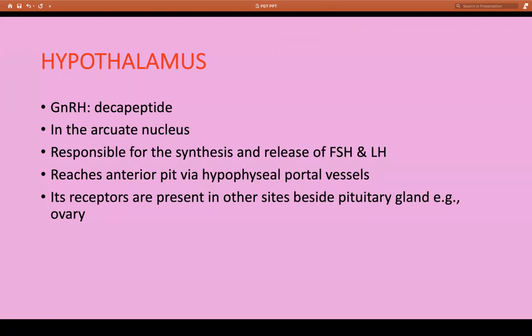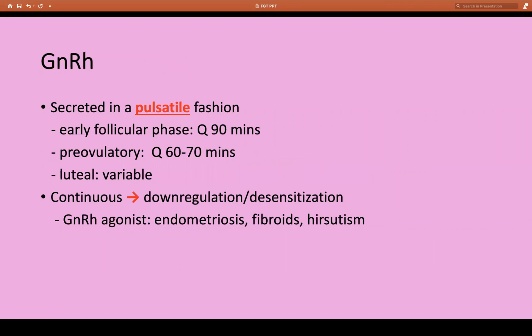GnRH is a decapeptide that is released from the arcuate nucleus, and it affects the pituitary and helps in releasing FSH, follicle stimulating hormone, and luteinizing hormone. They travel through the hypophyseal portal vessels to the whole body, especially affecting the receptors in the ovary.